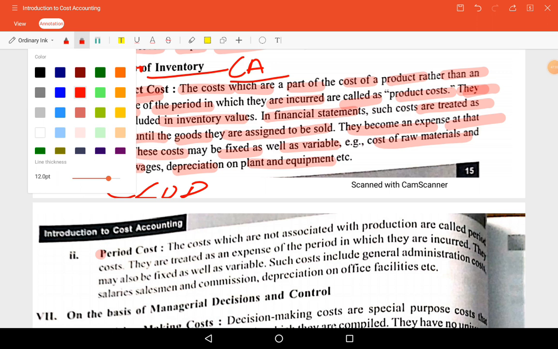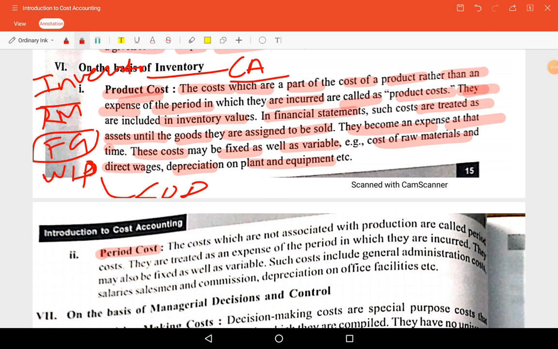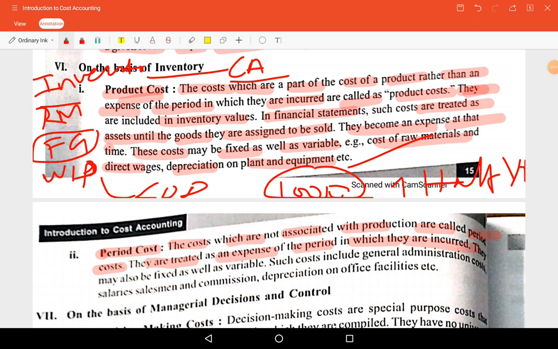Similarly, there are period costs. These costs which are not associated with the production are called period costs. They are not related with the production activity. They are treated as an expense in the period they are incurred. Suppose you have made 100 units in the first half year. To make 100 units, whatever raw material and wages are incurred are product cost.